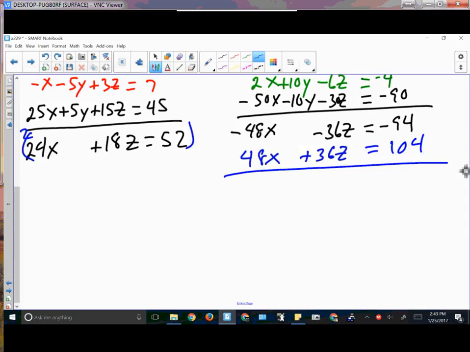So when I combine these together, negative 48x and positive 48x disappear. Negative 36z and positive 36z disappear. So this side went to a 0, didn't it? And this is going to be equal to 10. Is 0 equal to 10? Ever? No. No way.